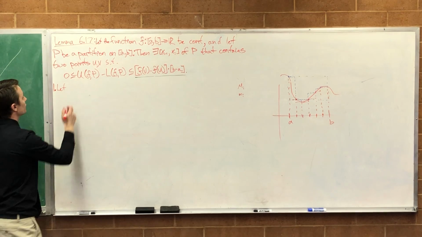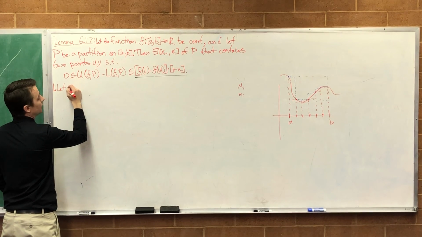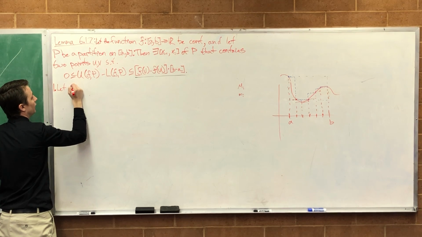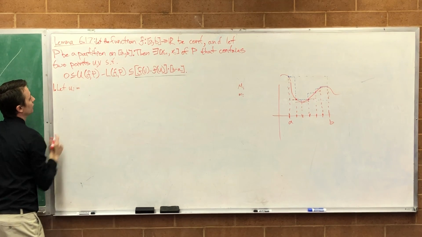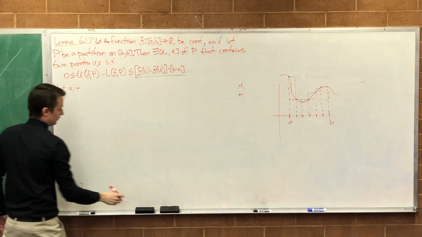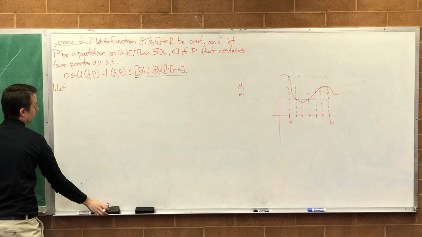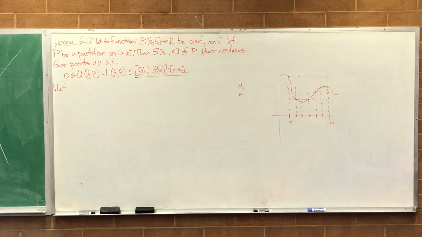Let, maybe we'll call it U sub I. Let U sub I, maybe give them in a sec. Now I know what I want to do. I'm just trying to think of the right notation to use.